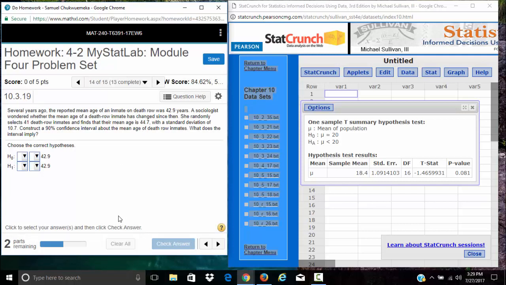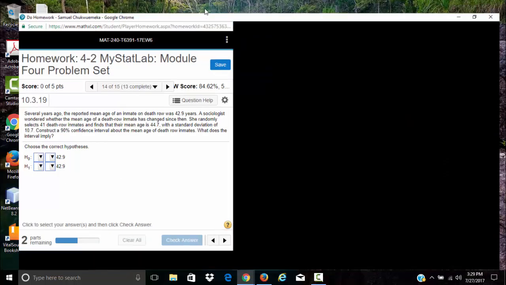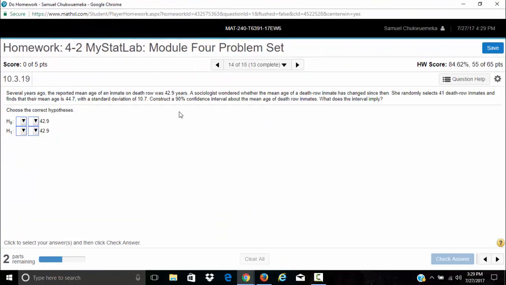Question 14. Let's close this. Several years ago, the reported mean age of an inmate on death row was 42.9 years. A sociologist wondered whether the mean age of a death row inmate has changed since then.